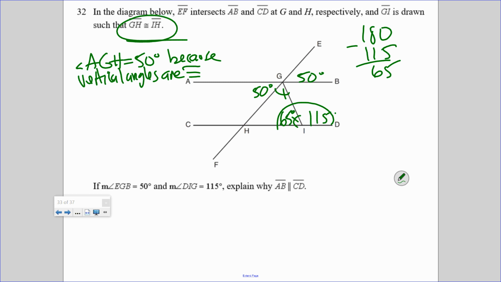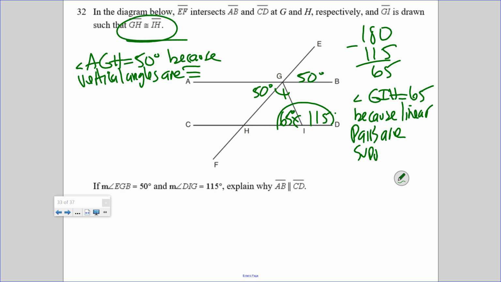So I can say that angle GIH equals 65, because linear pairs are supplementary. And if GIH is 65, this one must be 65 as well because they're congruent.